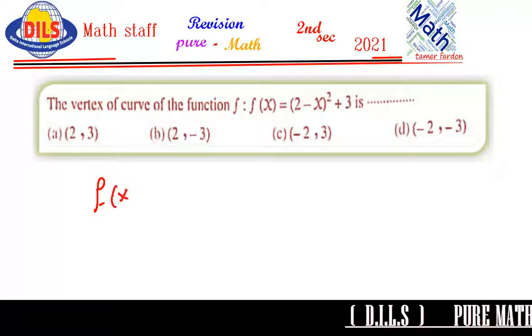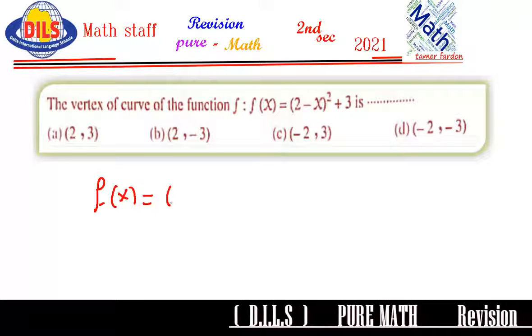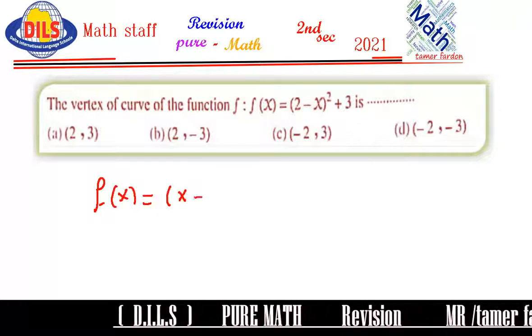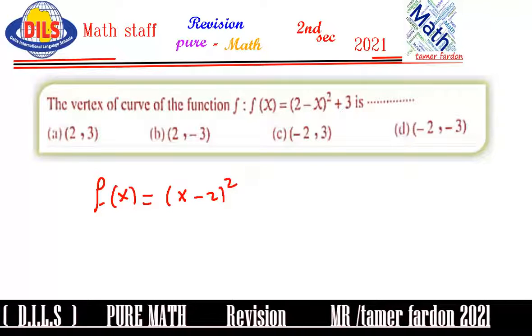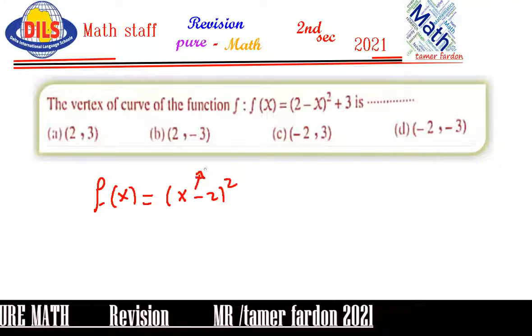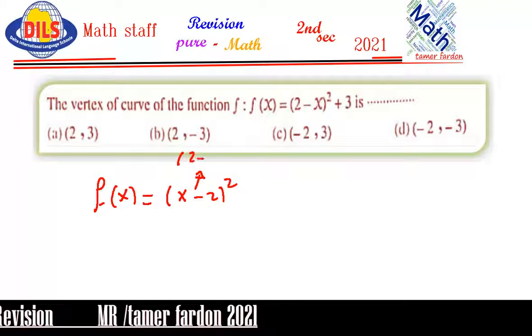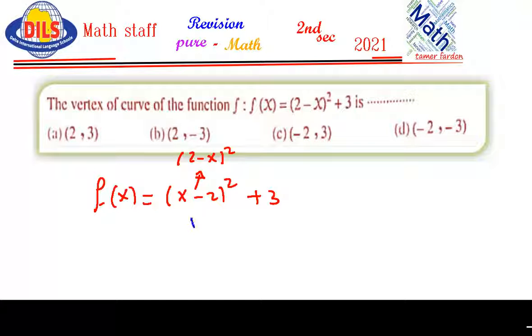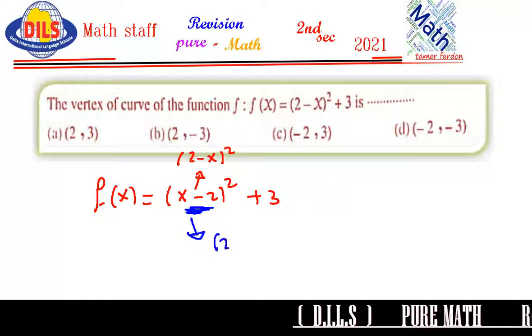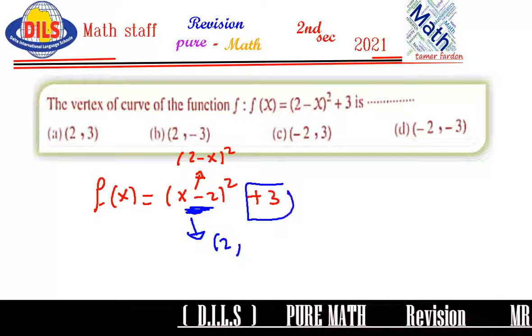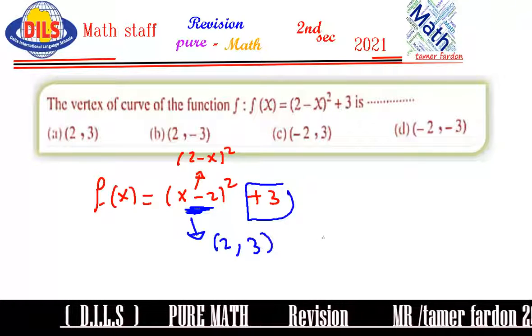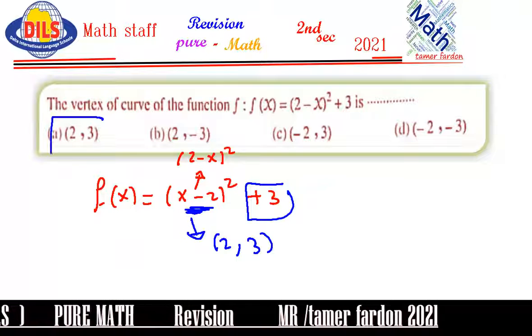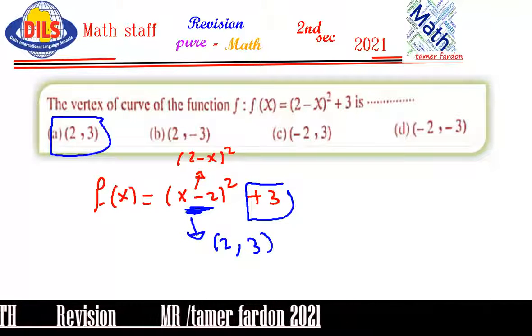We can write it as x minus 2 power 2 plus 3. From the bracket we get 2, outside the bracket we get 3, so its vertex is 2 and 3.